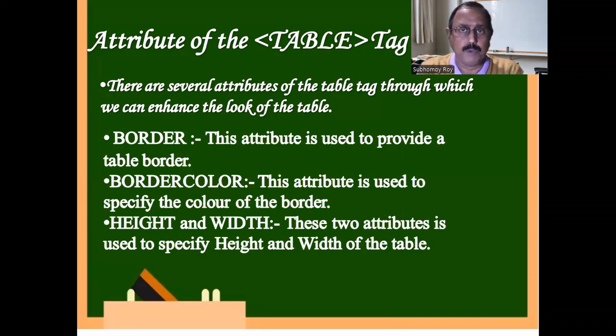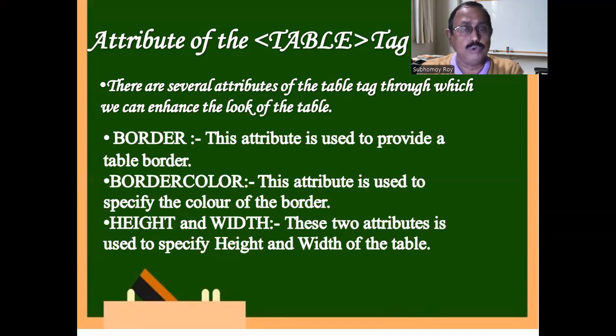We have to give a border. For that we require the border attribute, and the border attribute should come inside the opening table tag. Whatever attribute you want to give, you know that you have to give it inside the opening tag of that type. These are all attributes of the table tag, so we have to give them inside the table tag.